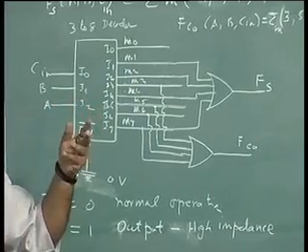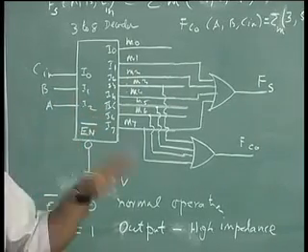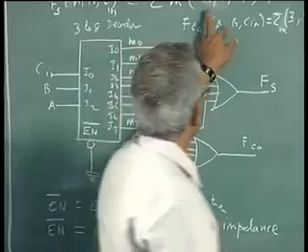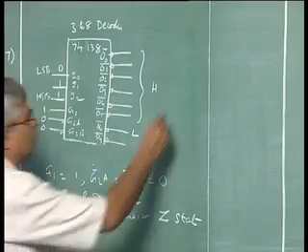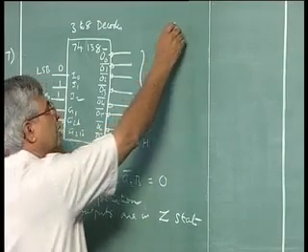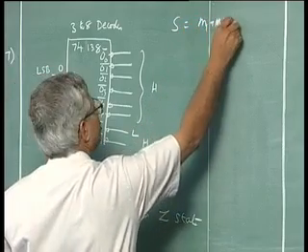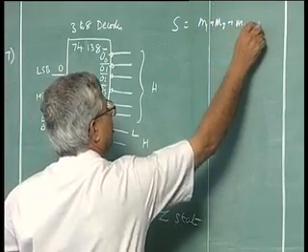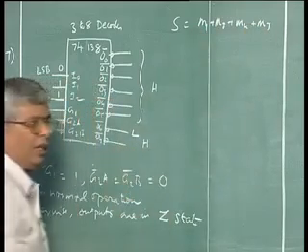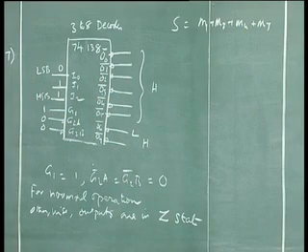I use NAND gates. See, what we want is sum as M1, M2, M4, M7, but what is available is only M1 bar, M2 bar, M4 bar and M7 bar.